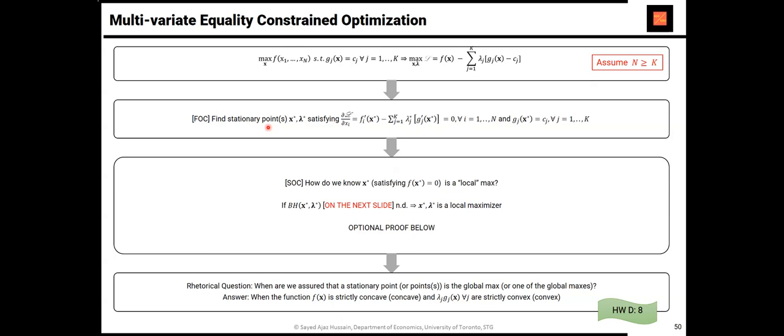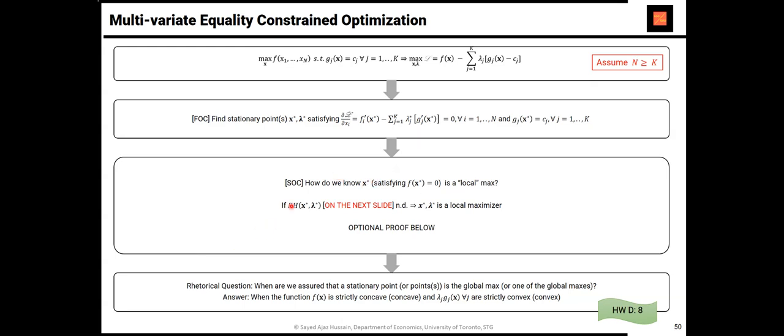What about first order, second order, all that stuff? Well, when asked to solve an n variable problem with k constraints, you have to take the stationary points of the Lagrange equation. So you would have to find all the x's and lambdas that satisfy the first order conditions. And now, if you're given certain x stars and lambda stars, how do you know that this is in fact a solution?